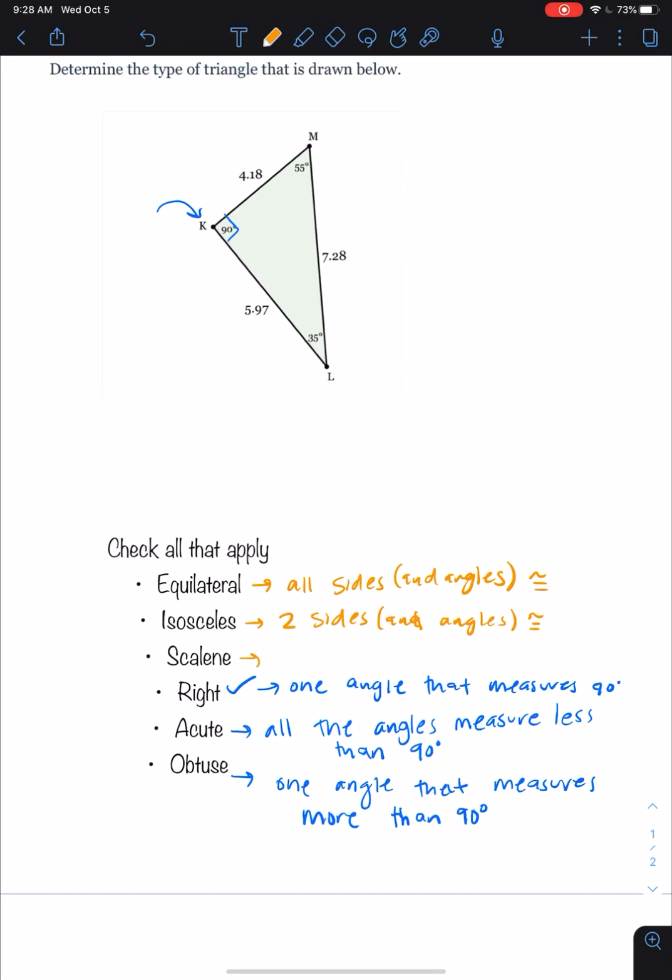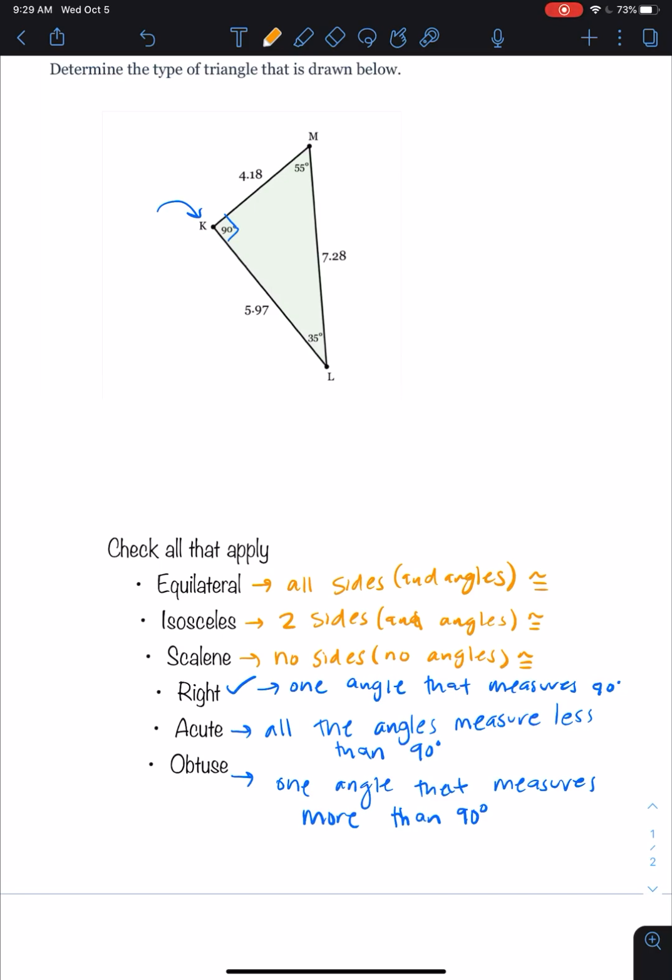And for scalene, no sides and no angles are congruent. So we're looking to see if we have any sides that are congruent or any angles that are congruent to each other. And in this scenario, there are no sides that are congruent to one another and no angles that are congruent to one another.